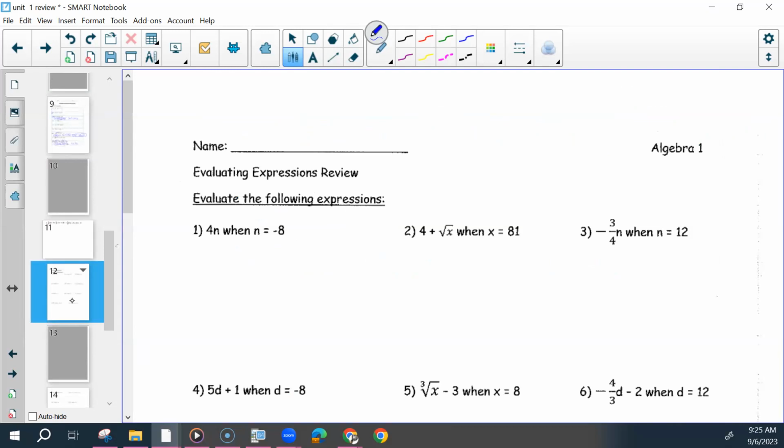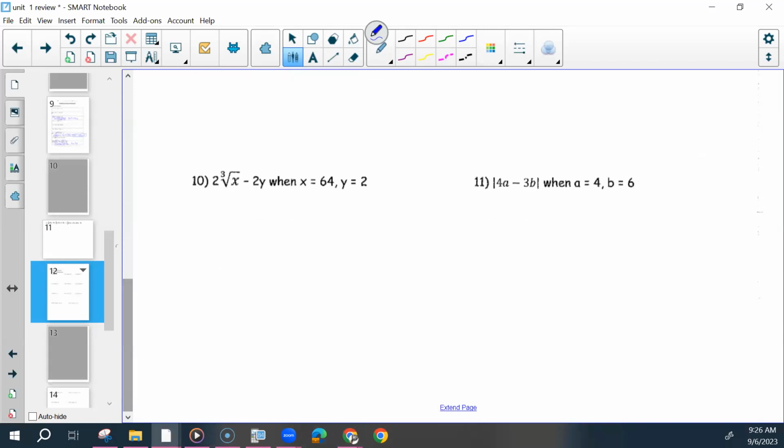So this is very much like what we did the other day. With evaluating, which of these do we have questions on once we go over anything like that? Eleven. Right, number 10, we have 2 variables.